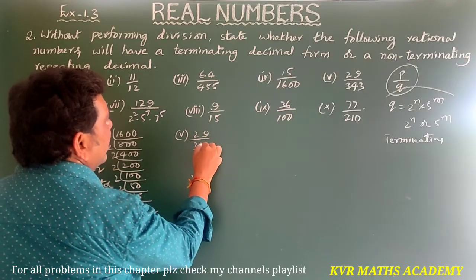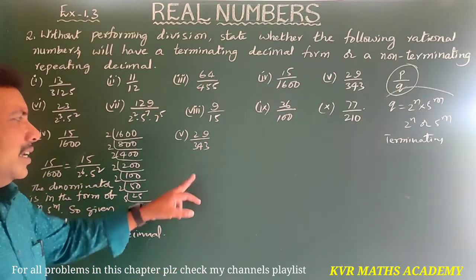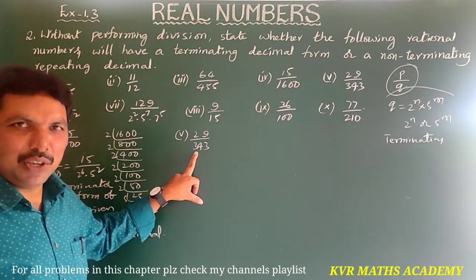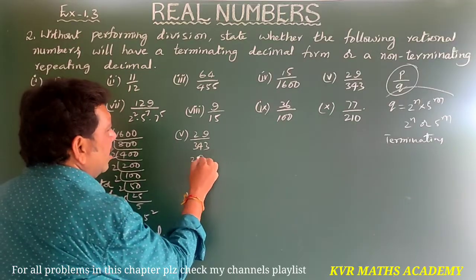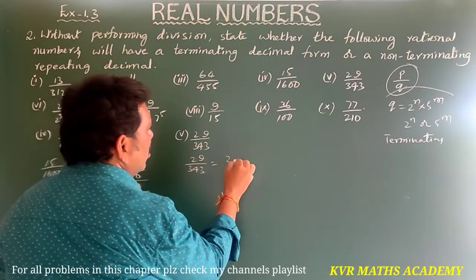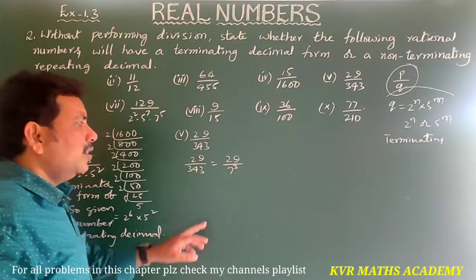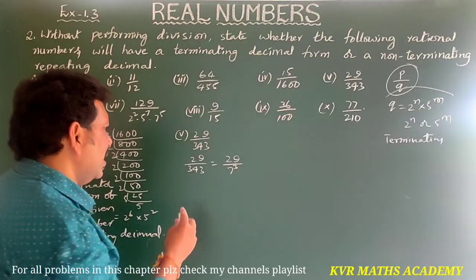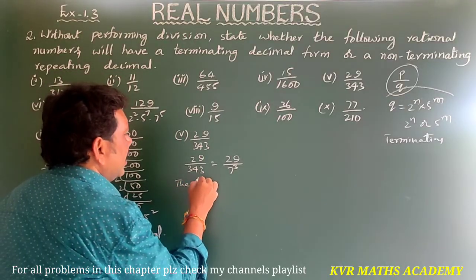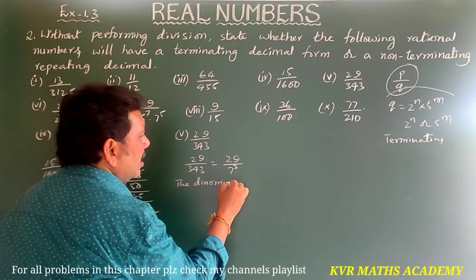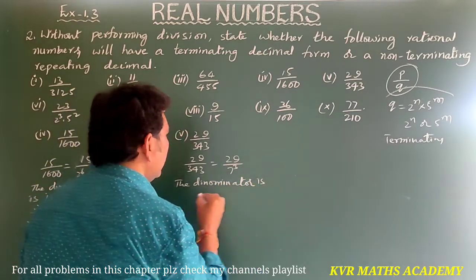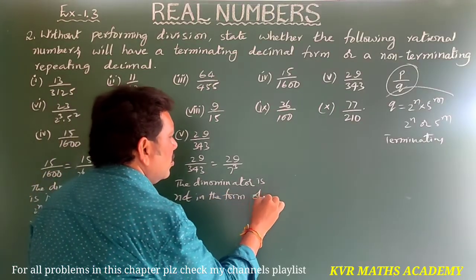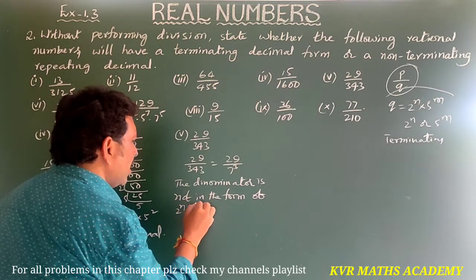Yes. Coming to the fifth one, 29 by 343. So clearly we can say this is 7 into 7 into 7, right? 7 cube. So 29 by 343 can be written as 29 by 7 cube. So clearly it is not in the form of 2 power n into 5 power m. Yes. The denominator is not in the form of 2 power n into 5 power m.